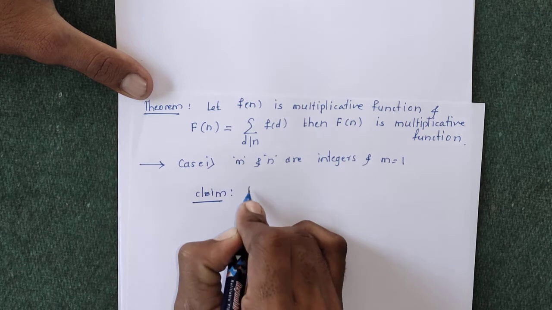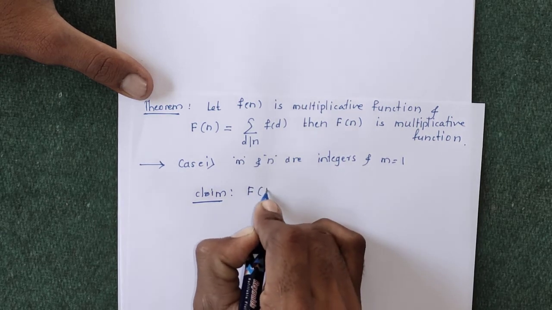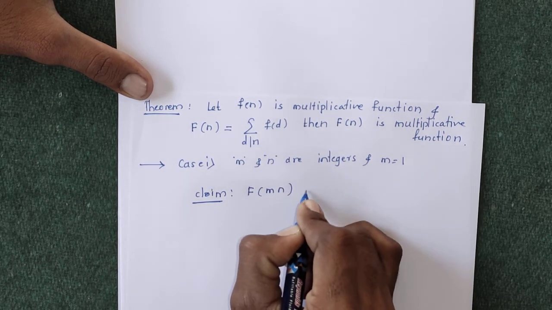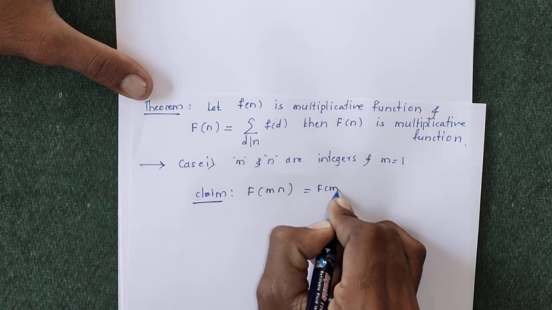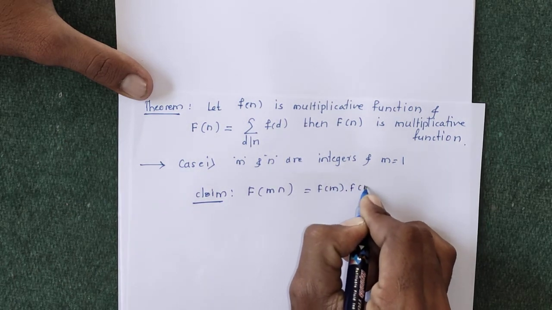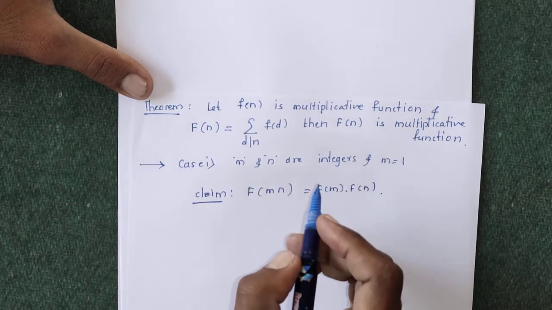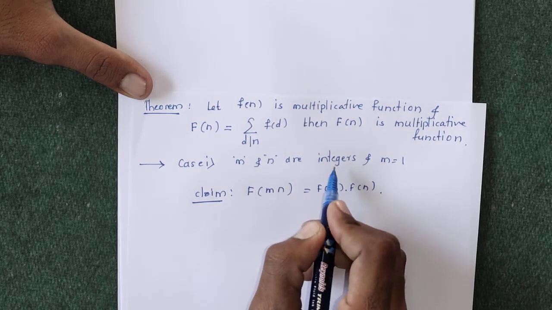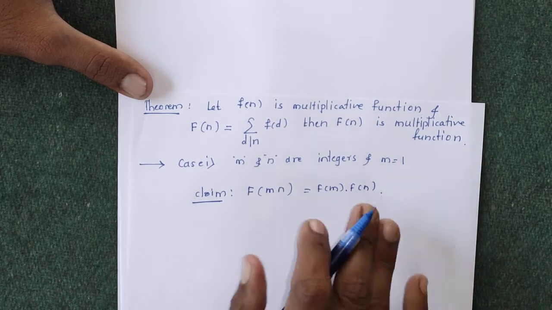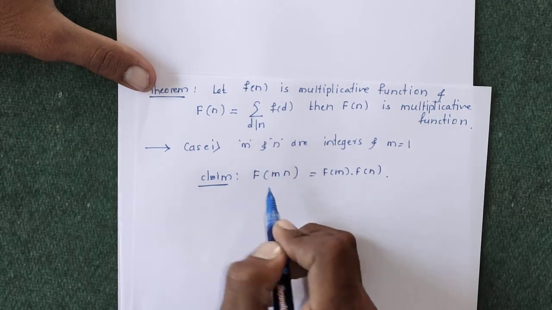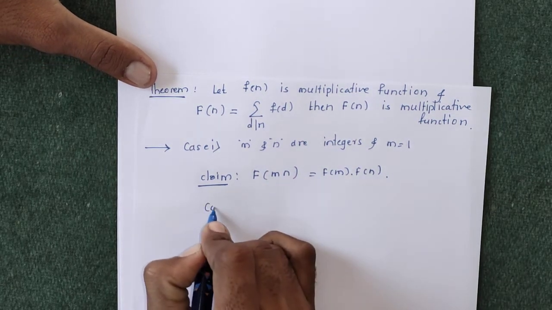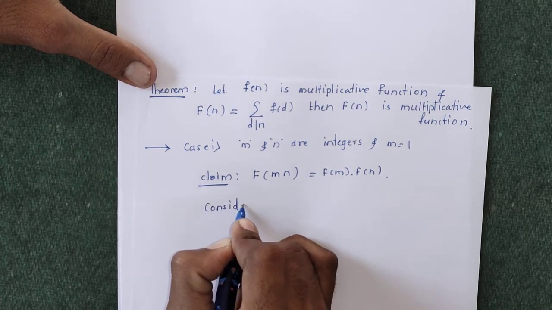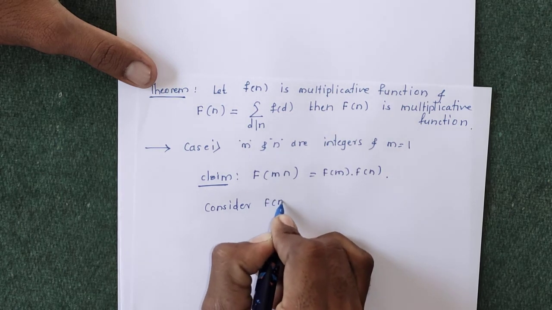So our claim is F of mn is equal to F of m into F of n. To prove this, we have taken m and n as integers, one of them equal to 1. Now we consider the left hand side, F of mn.